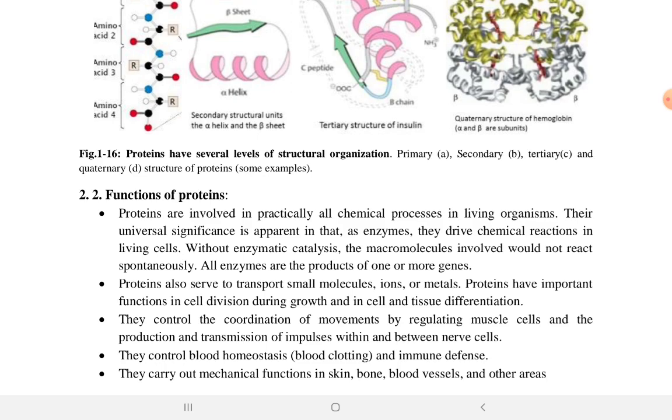And they control blood homeostasis or blood clotting, and the immune defense. Proteins take a big importance in homeostasis, blood clotting, and even in immune defense. And then they carry out mechanical functions in skin, bone, blood vessels, and other areas.